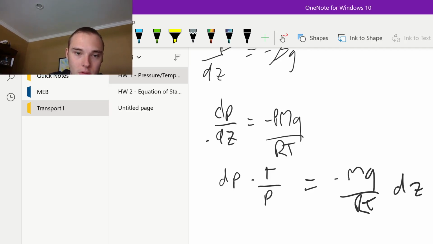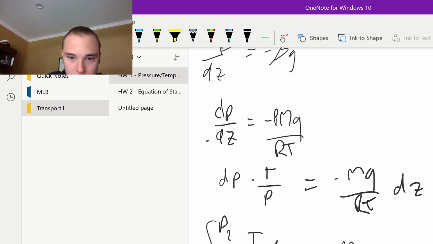So we'll go ahead and do that, and we'll have from P1 to P2, T over P dP, and then this will be equal to negative mg over RT, or not T, sorry, because we moved the T over. So actually delete that T right there.